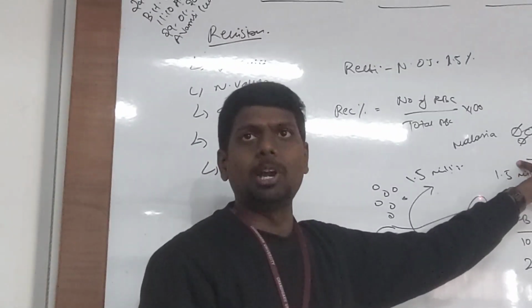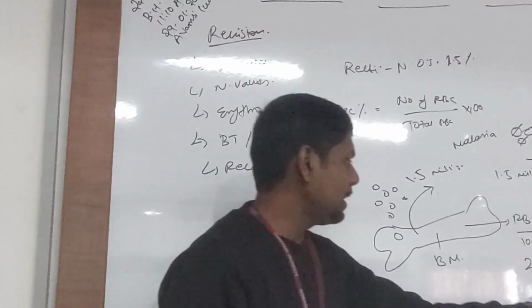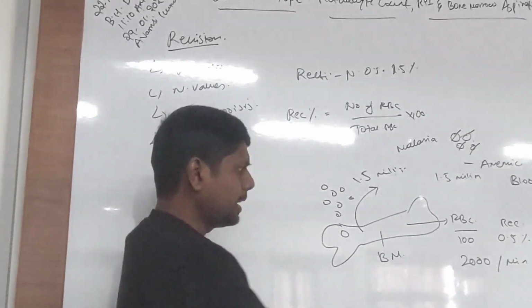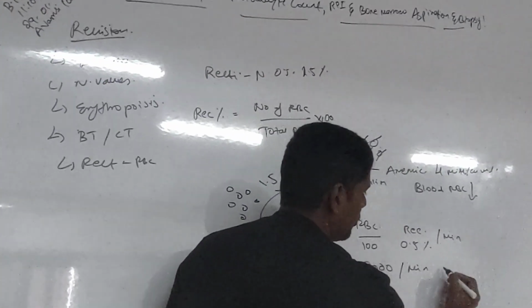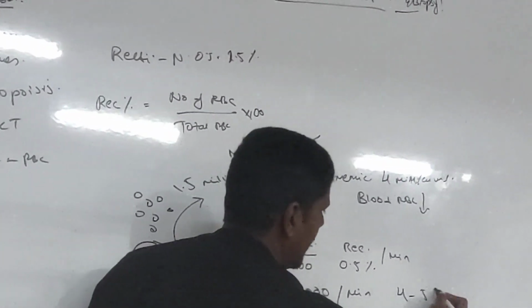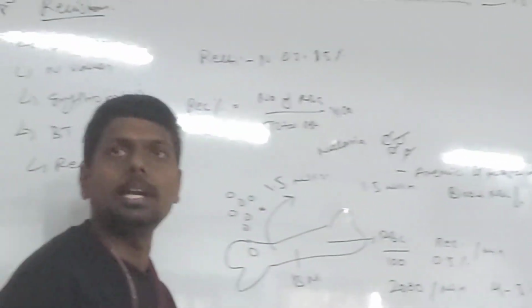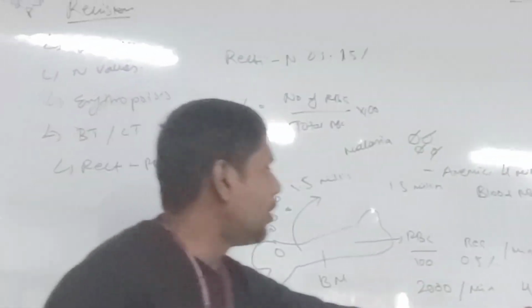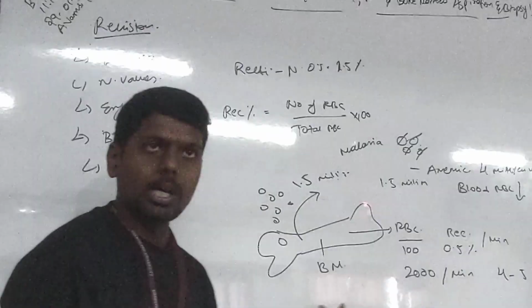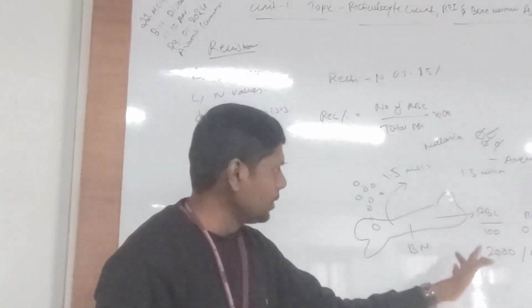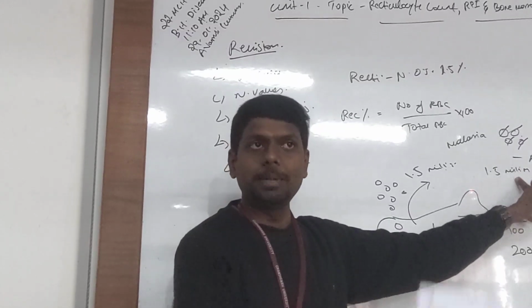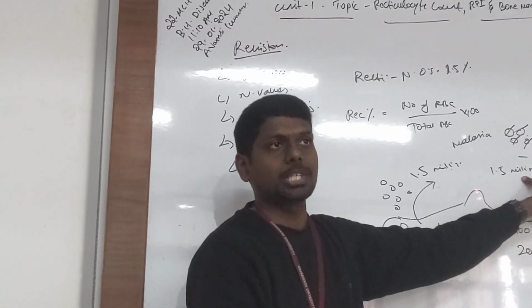Due to ongoing hemolysis, it is synthesizing more blood cells, resulting in an increased count, maybe 4 to 5 percent reticulocytes. The reticulocyte count has increased because the bone marrow is producing excessive red blood cells in order to compensate for the anemia. Compensate means to balance the anemic condition.